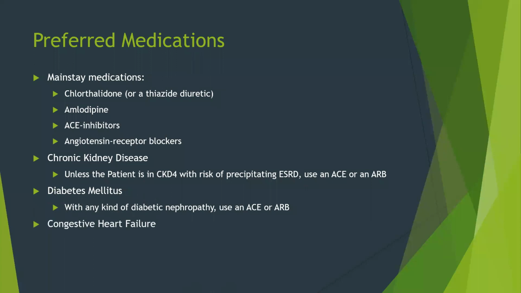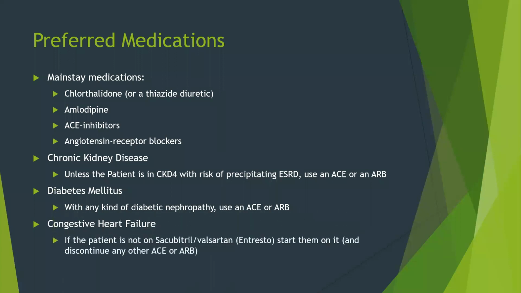Congestive heart failure, this is one I just want to specifically mention. Entresto, we actually see bigger drops in blood pressure with Entresto. That's the neprilysin inhibitor plus the angiotensin receptor blocker, sacubitril valsartan. We see bigger drops in blood pressure on that than we do on just an ACE or an ARB.